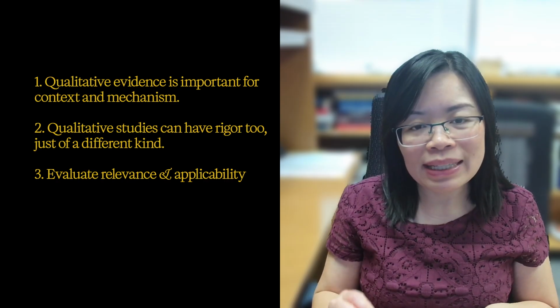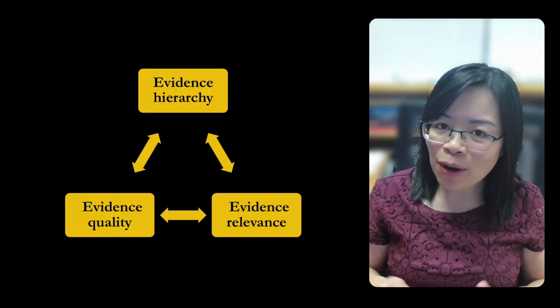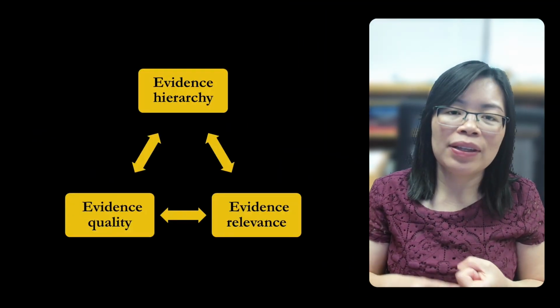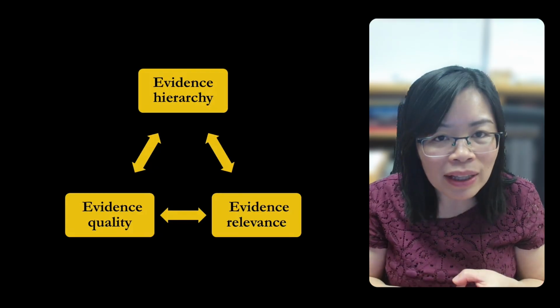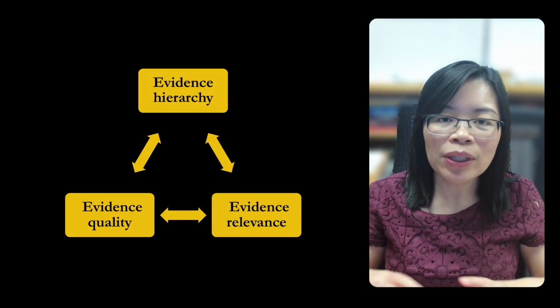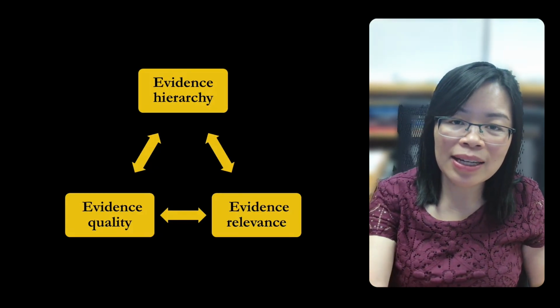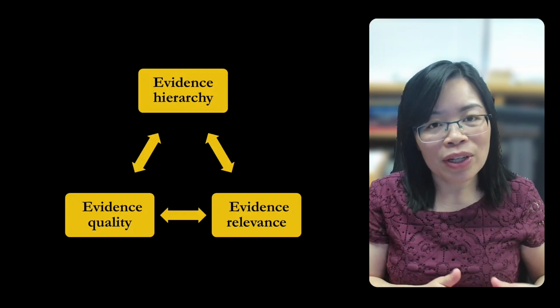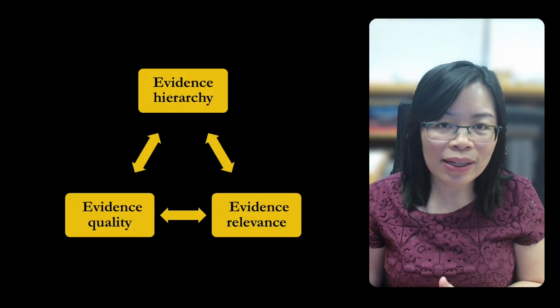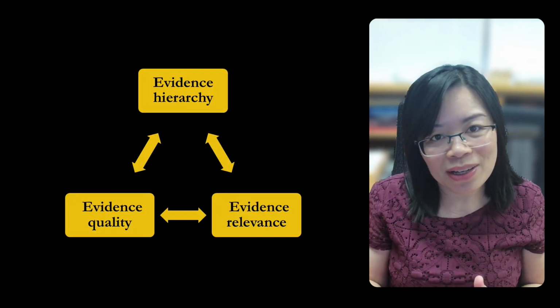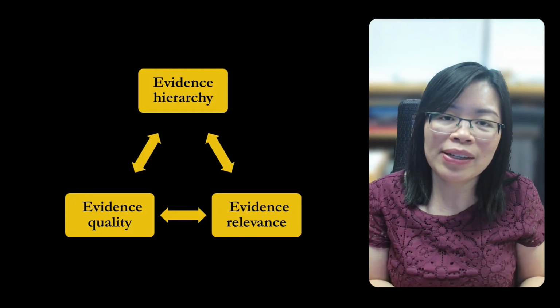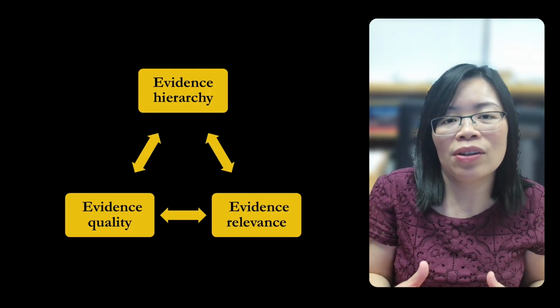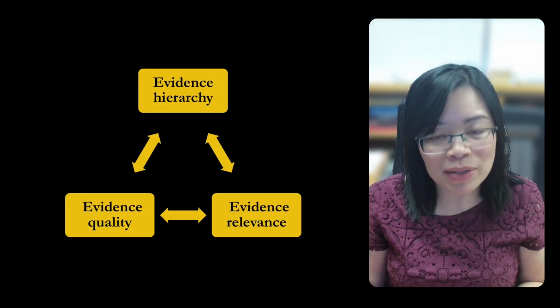And third, in the context of making evidence-based decisions, qualitative research often comes into play in evaluating relevance and applicability. Remember our triad: hierarchy of evidence, quality of evidence, and relevance of evidence. A purely quantitative top-tier study may tell you on average X works, but a qualitative study may tell you in organizations like yours, people responded to X with these concerns. That is important for adopting evidence.